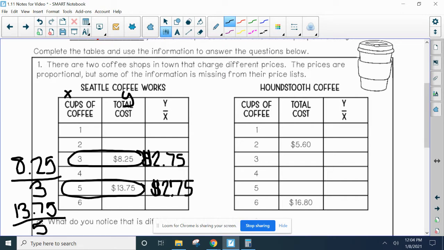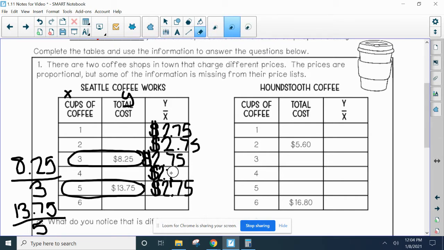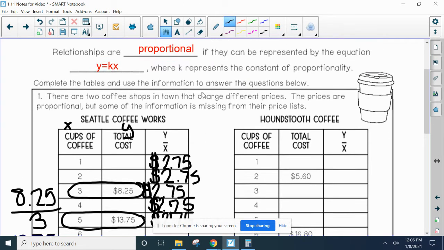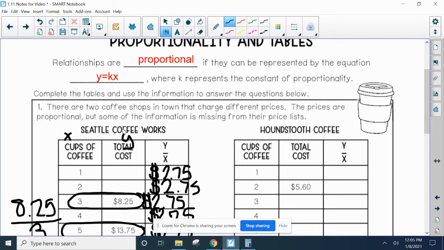Because we now know that k, that constant of proportionality, is 275, we can go ahead and fill that in here. And because they're proportional, these missing y values are going to be equal to our k times our x.